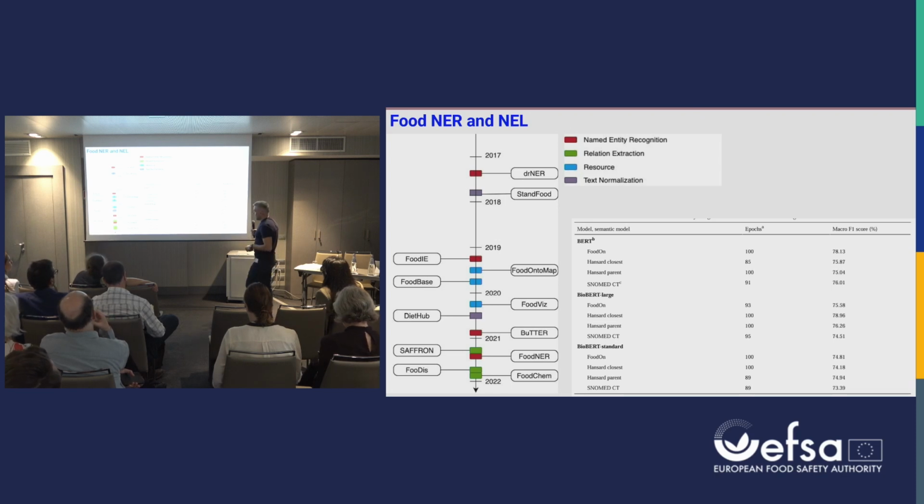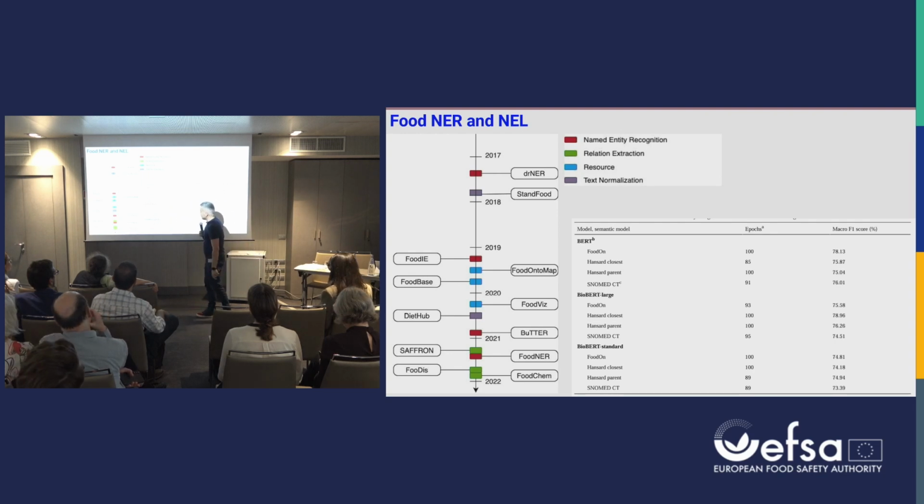And I just want to share this food named entity recognition work with recipe data, instructions of how to prepare recipes. If you look at the results, like some F1 score for the language models that were famous at that time, BERT, BioBERT Standard, BioBERT Large, you can see we have around 75% F1 score.